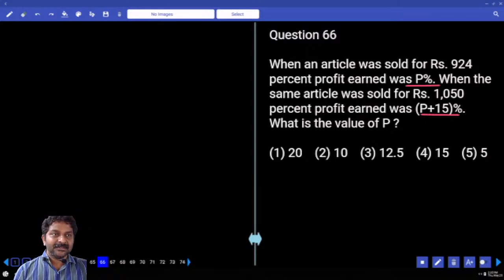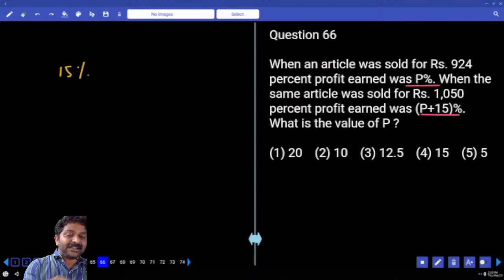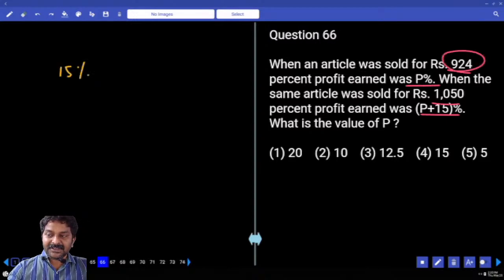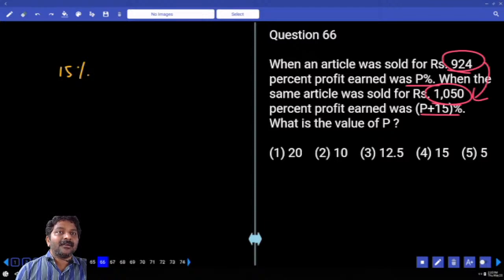Now it is increased by that 15% just because of the difference between both the numbers only. If 924 becomes 1050, the number increased by 126.